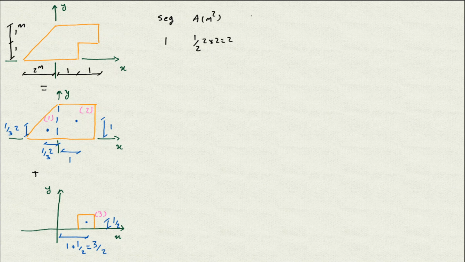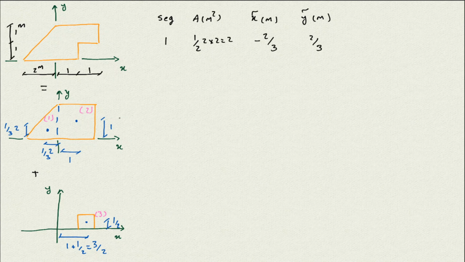And then we write down the centroid location, in meters. In the x direction it's negative because it's on the negative side of the x, so it's negative 2/3, and for the y part it's 2/3.